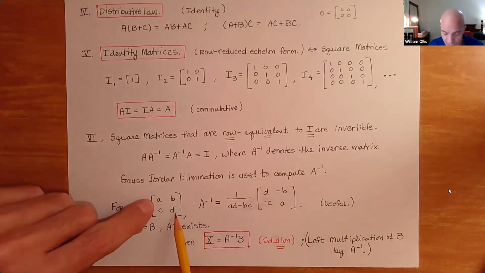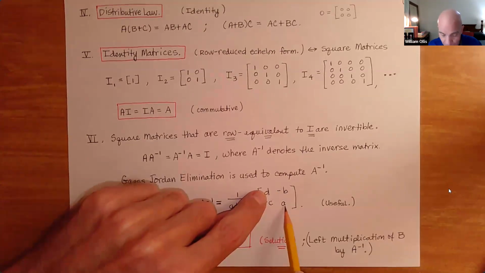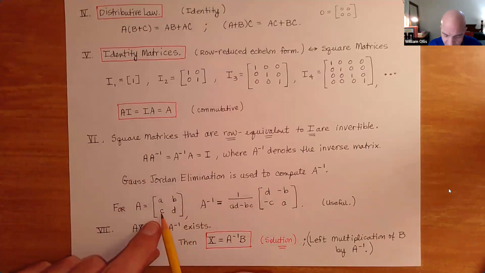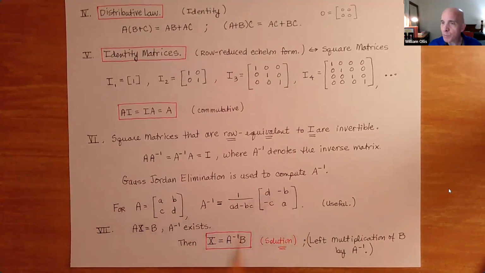What you notice, ladies and gentlemen, is that the A and D just switch places, and the B and the C here have an additive inverse. So this particular formula you should use, and you should also practice the Gauss-Jordan procedure with the 2 by 2 just to get extra practice.